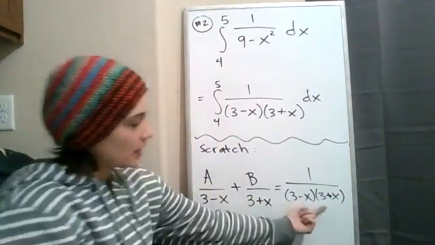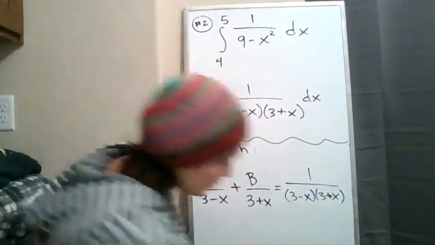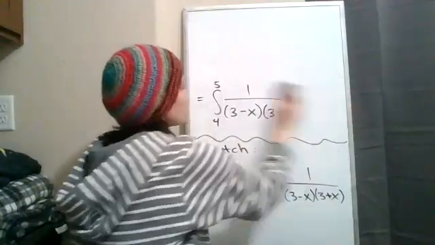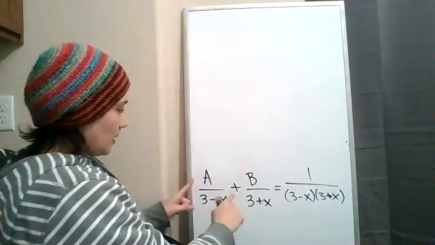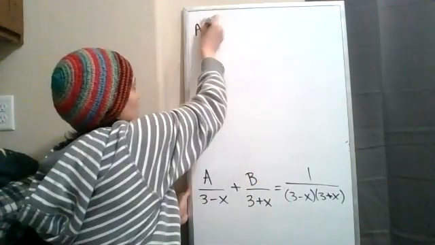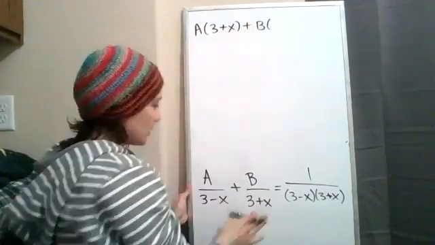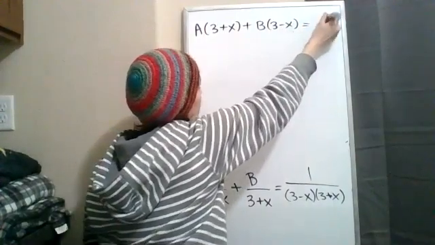And multiply both sides by the LCD. We get 3 plus x times a added to b times 3 minus x will equal 1.